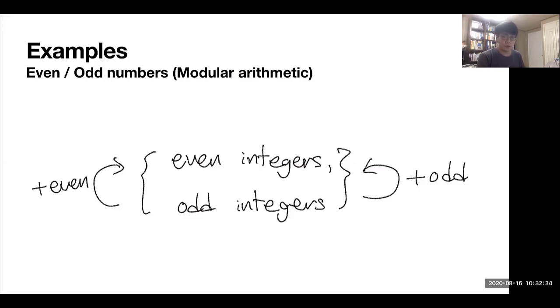If you learned about any number theory when you were doing competition mathematics, I think a lot of people in the math circle have some experience with mathematical competitions, if you learned about modular arithmetic, what I'm saying is exactly that mod 2 addition gives you this symmetry on the set of even and odd integers, which correspond to numbers that are 0 or 1 mod 2. So that's another algebraic example, okay?